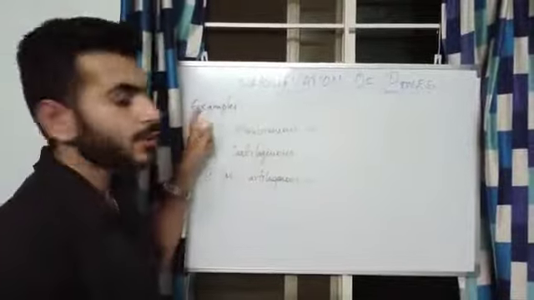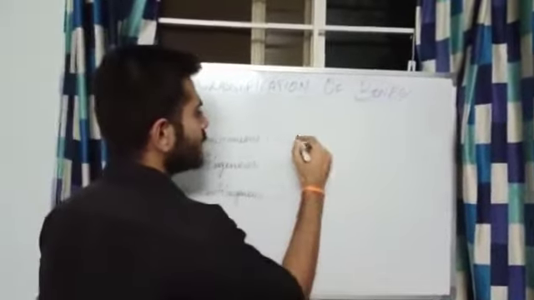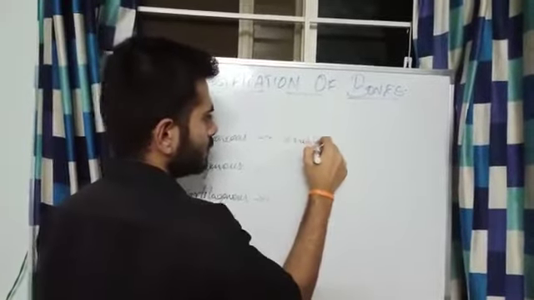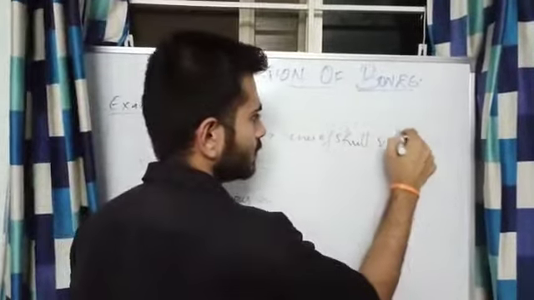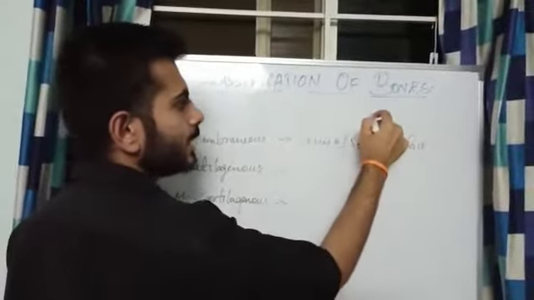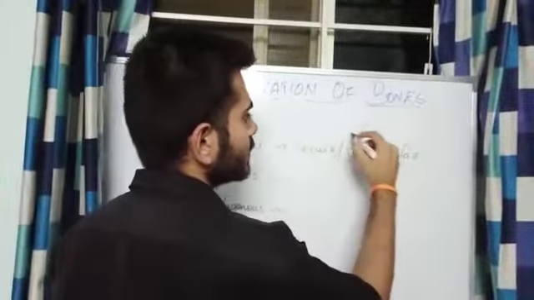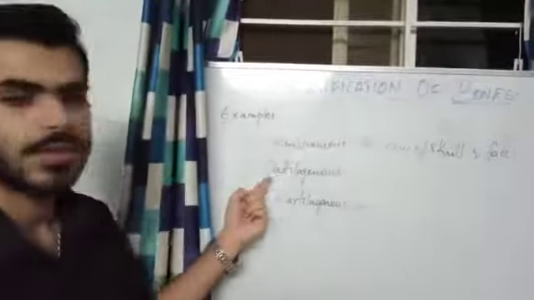For the examples of membranous bones, we have the bones of the skull and face, wherein the skull is formed by 8 bones and the face is formed by 14 bones. Coming on to the next, we have the cartilaginous.